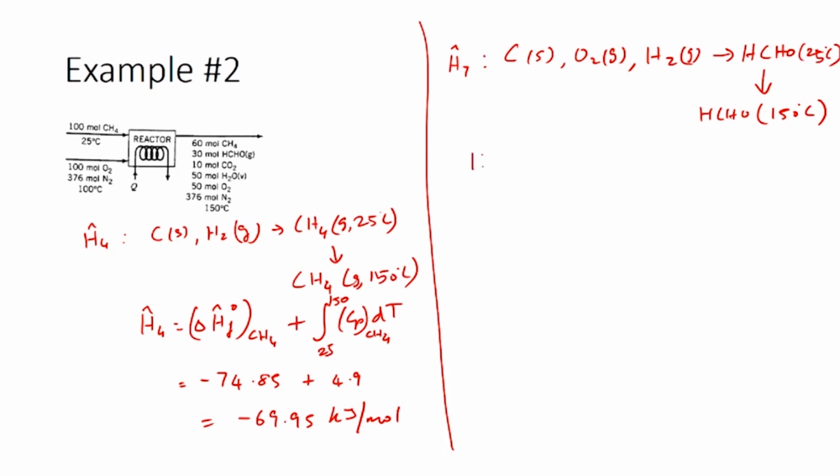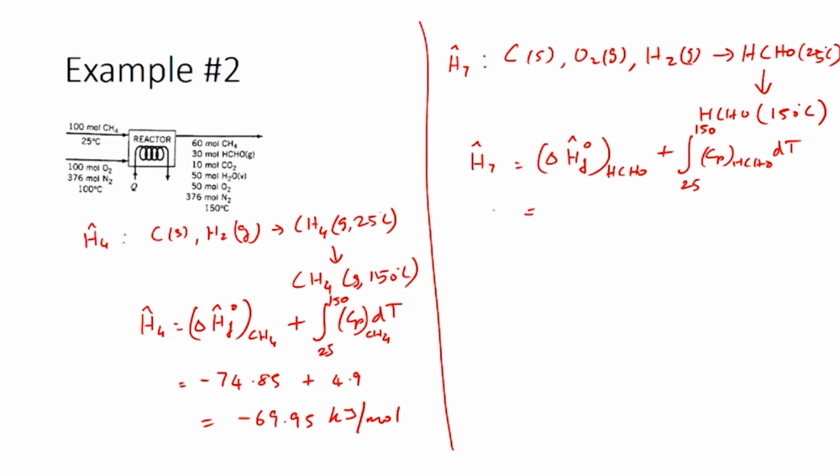So, this would mean H7 cap actually has the standard heat of formation for formaldehyde plus integral Cp dt, where Cp of formaldehyde has to be used, and the temperature range is from 25 to 150 degrees Celsius. Using the tables, you will be able to get the values for the heat of formation and for the Cp of formaldehyde.